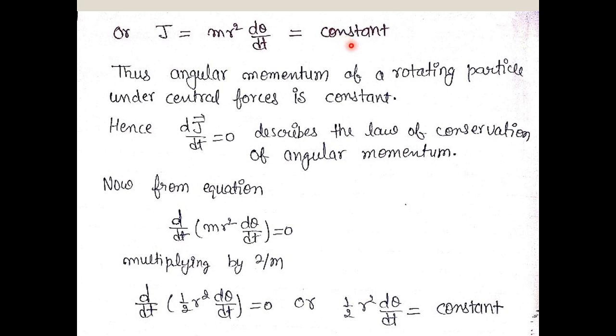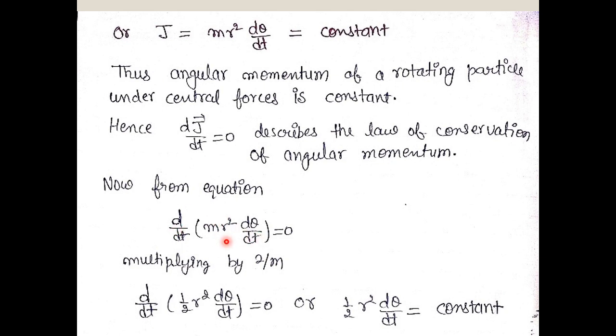So we can say the angular momentum of a rotating particle under central forces is constant. So dJ/dt equals 0 describes the law of conservation of angular momentum. Now from this equation, d/dt of (m r² dθ/dt) equals 0.